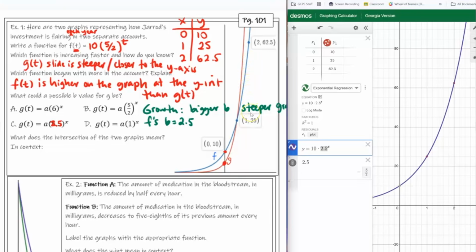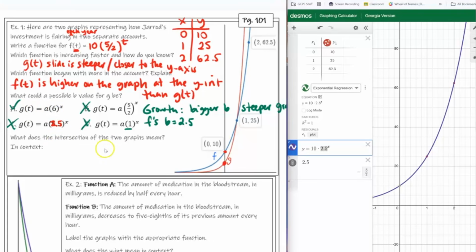It cannot be 1 because when you multiply something by 1, it stays exactly the same, and 1 is less than 2.5 anyway. It can't be 2.5 because that's another way of writing 5/2. So it has to be this one, because g is steeper, which means it's a bigger growth. I need it to be a bigger growth than what it currently is, which is 2.5. So it can only be the sixth one.